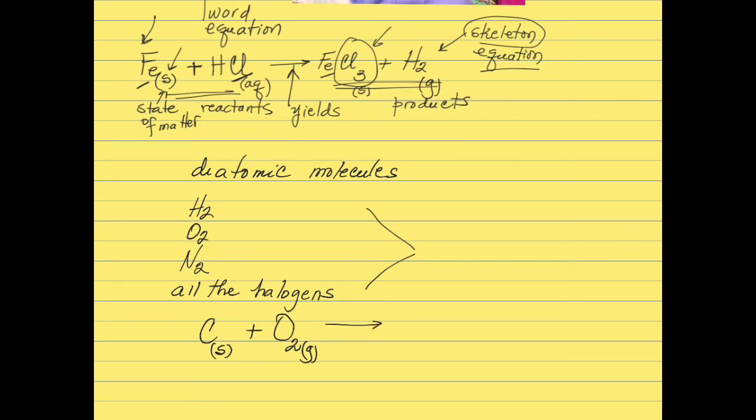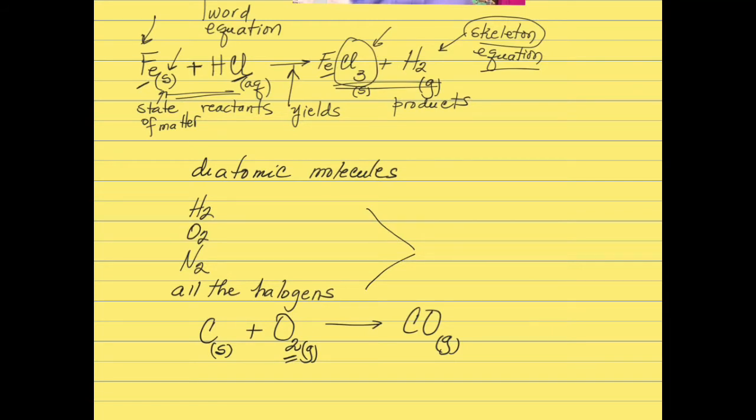The arrow lets you know that it's yielding carbon monoxide, which is a gas. I put the 2 here because when oxygen, hydrogen, nitrogen, and all the halogens are part of a chemical equation by themselves, not as part of a compound, they are in the form of diatomic molecules. See that? This is another example.